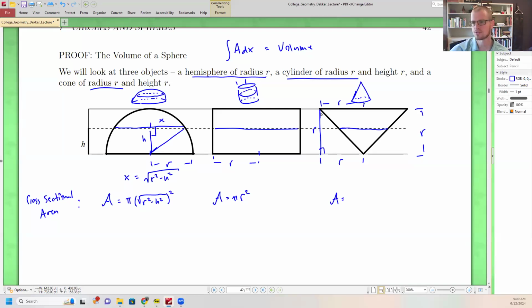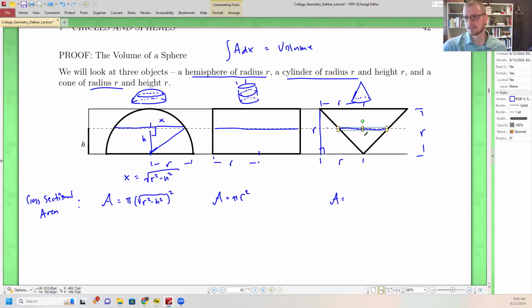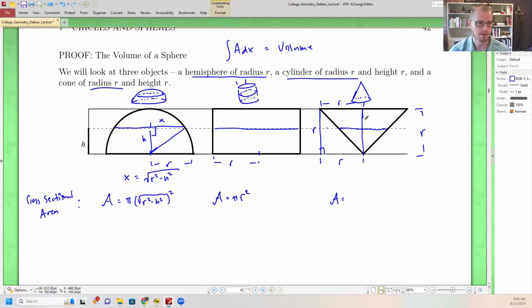And if I wanted to determine what this length here is, I suppose we didn't need that. My apologies.